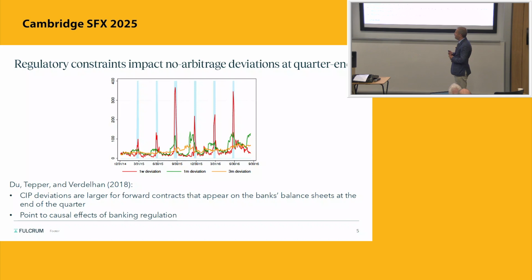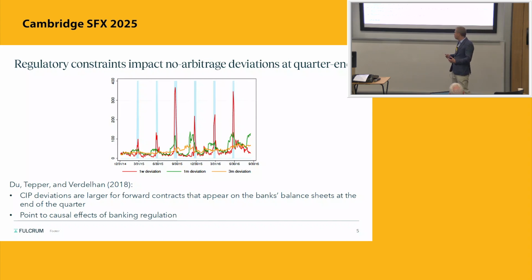This chart is taken from a paper by Wenxin Du and co-authors. The authors, Angelo, presented a similar chart in which they saw the CIP deviations spike at quarter ends, specifically for maturities that cross the quarter end. In this case, 1 week and 1 month deviations, because the constraints become binding at quarter ends for these instruments.